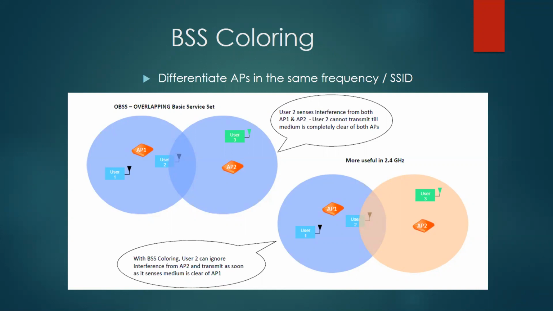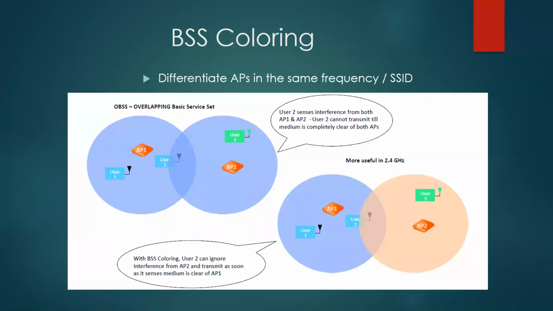There we go. Okay, so the BSS coloring. The old way to do it is the OBSS, overlapping basic service set. You can see there you have user 1 that's connected to AP1. You have user 2 that actually has the option of connecting into AP1 or AP2. And then you have user 3 connecting into AP2.